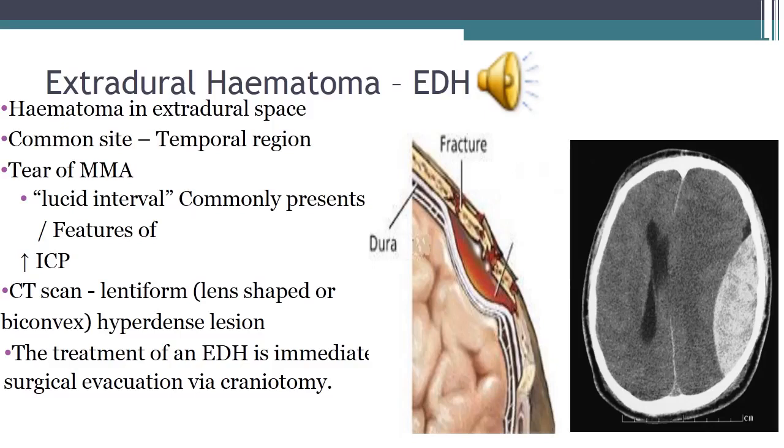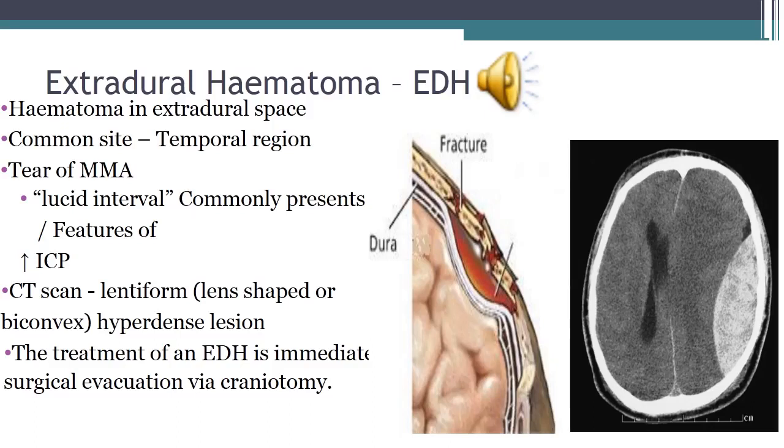Lucid interval means there is a period of consciousness, the patient fully conscious, and after a period of time there will be loss of consciousness, and this is very important to notice in head trauma, as it indicates there is accumulation of hematoma intracranially.